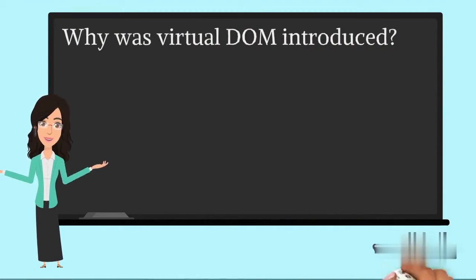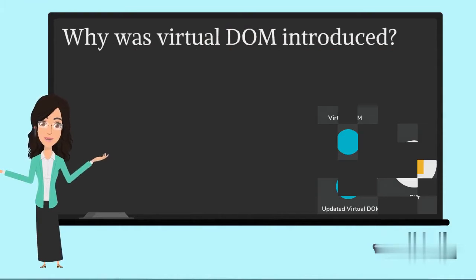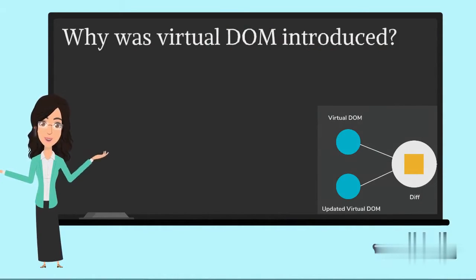As stated by the React team, virtual DOM is a concept where a virtual representation of the real DOM is kept inside the memory and is synced with the real DOM by a library such as React DOM. Now the question is, why was virtual DOM introduced?